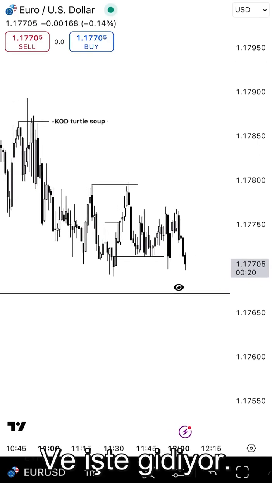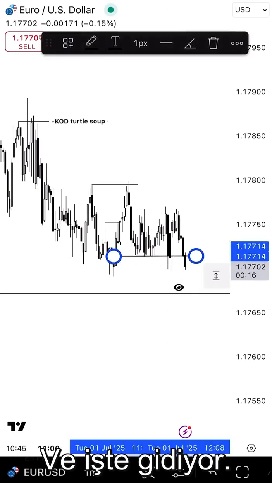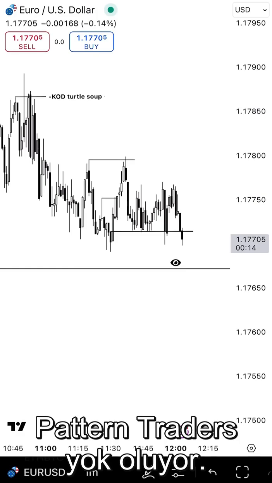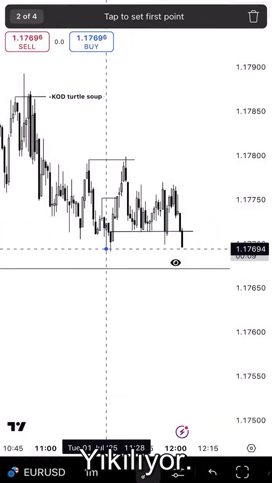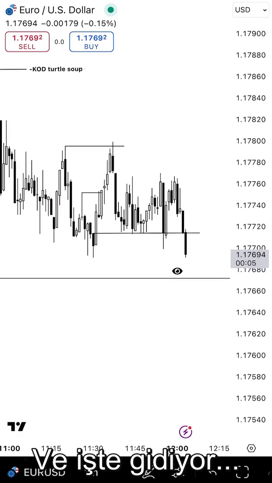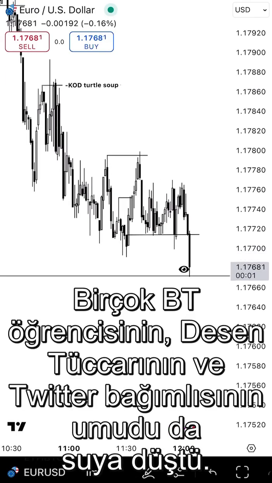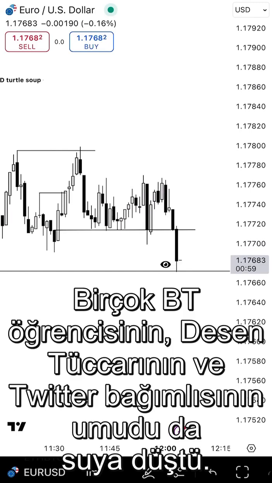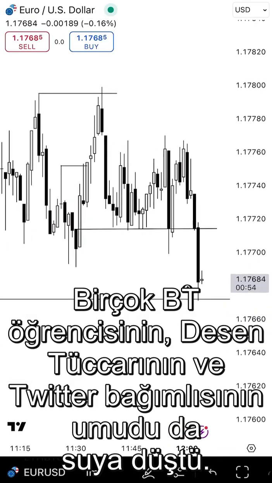And there she goes. Pattern traders just getting obliterated, just getting wrecked. And there goes the hope of a lot of IECT students and pattern traders and Twitter junkies.